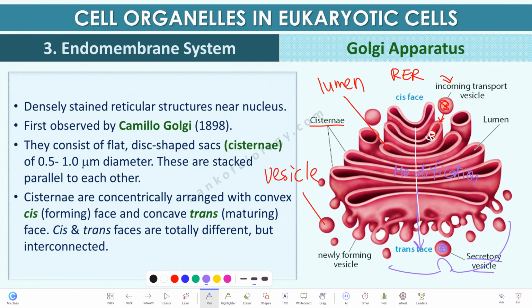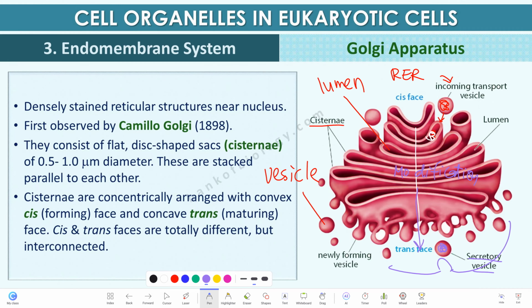Does it make sense? So what is Golgi made up of? Cisternae and vesicle. What's the space inside? Lumen. And what's the function here? It's actually receiving protein, modifying the protein, and releasing protein in secretory vesicle. And this forms lysosomes.